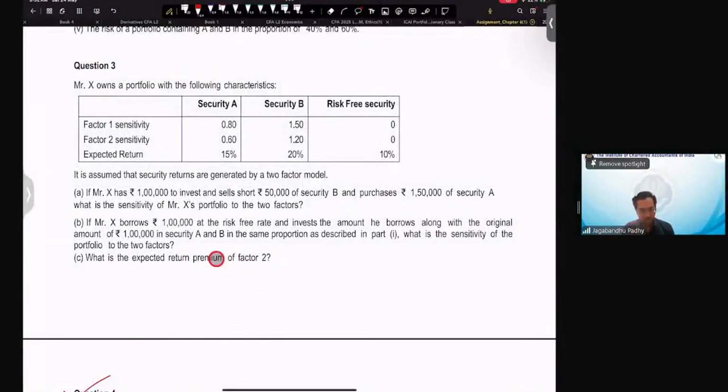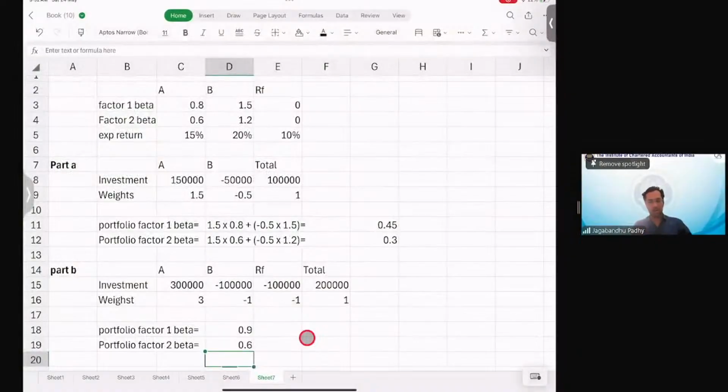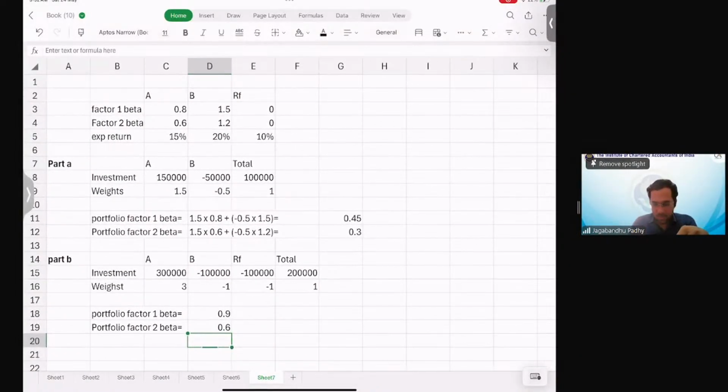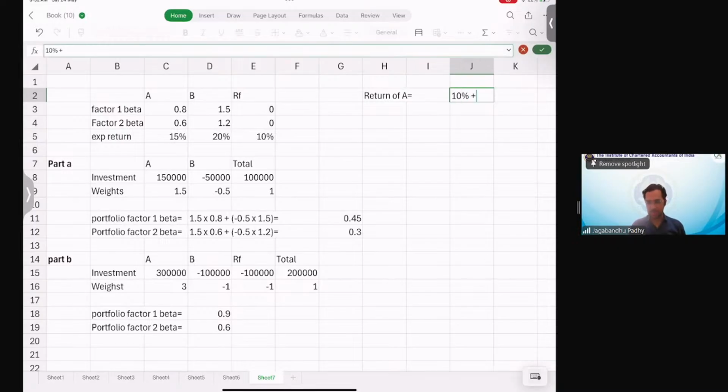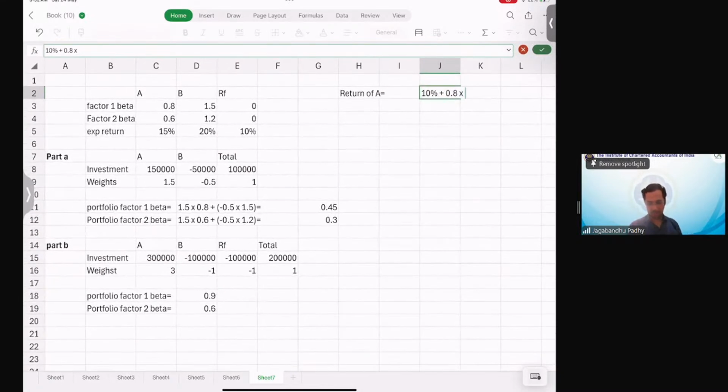Then finally, what is the expected return premium of factor 2? Well, for that, we'll have to draft an equation wherein we'll say return of A will be 10%, which is the risk-free rate, plus 0.8, which is the factor 1 beta, multiplied by the risk premium of factor 1, and again plus 0.6 into the risk premium of the second factor.